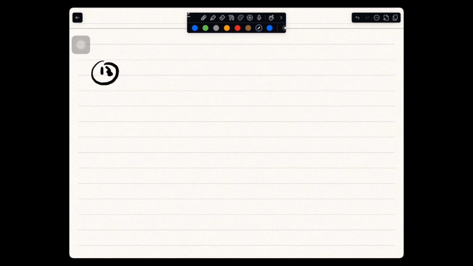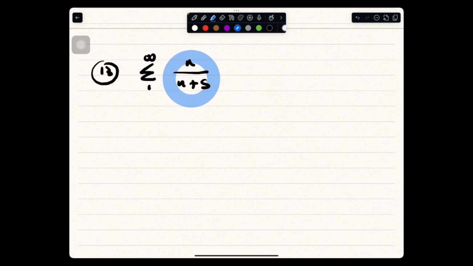All right, let's look at number 13. The sum from 1 to infinity of n over n plus 5. Again, here's an example of this. This is an.